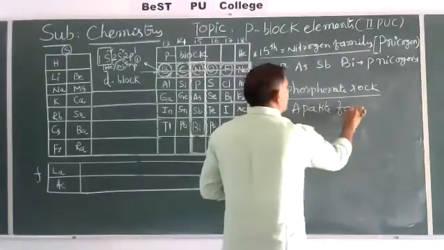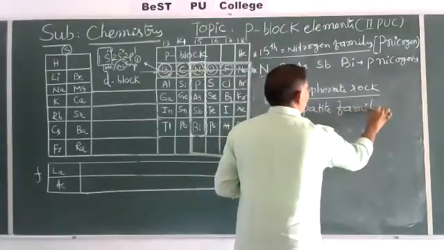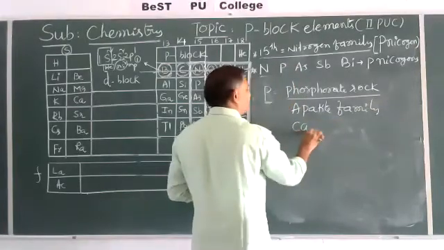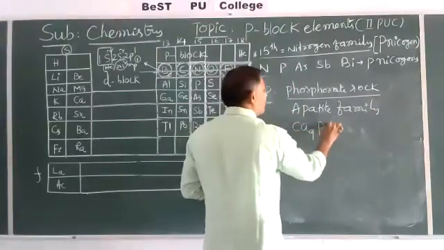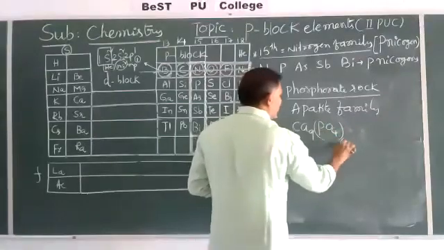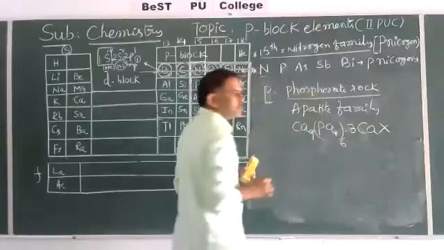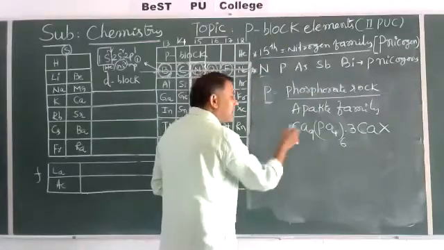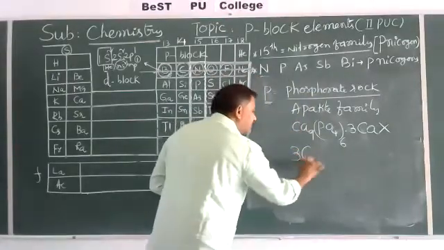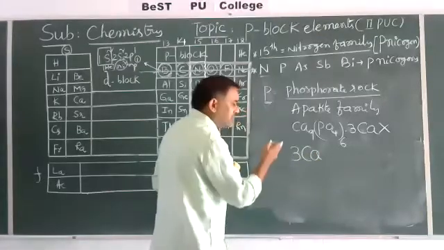The apatite family formula is Ca9(PO4)6 CaX2. We can also write it as 3 Ca3(PO4)2 CaX2, as in some other material they will create.